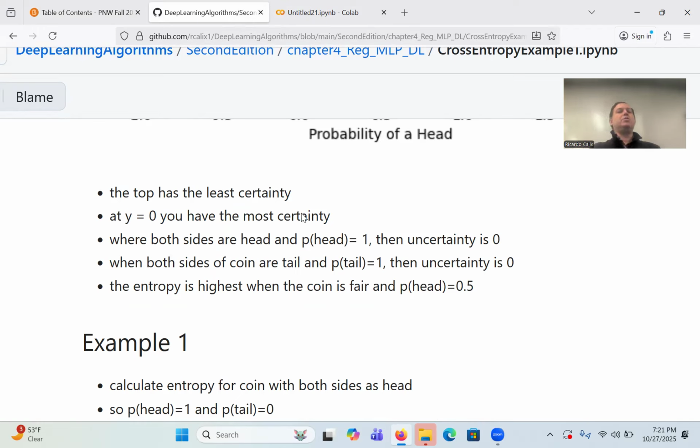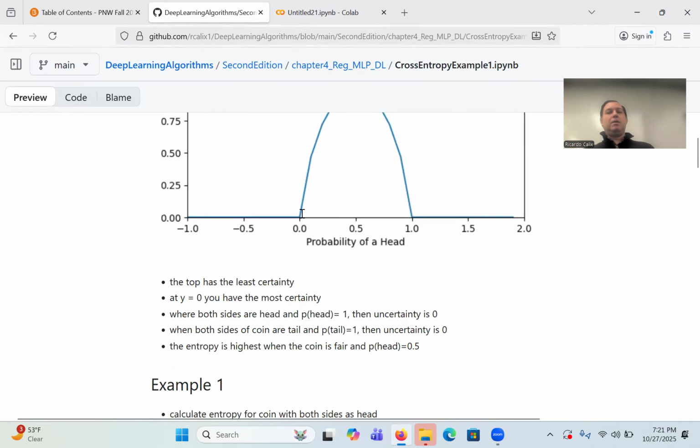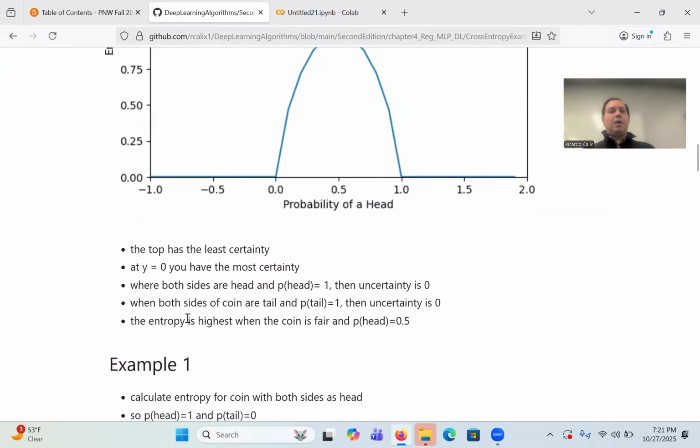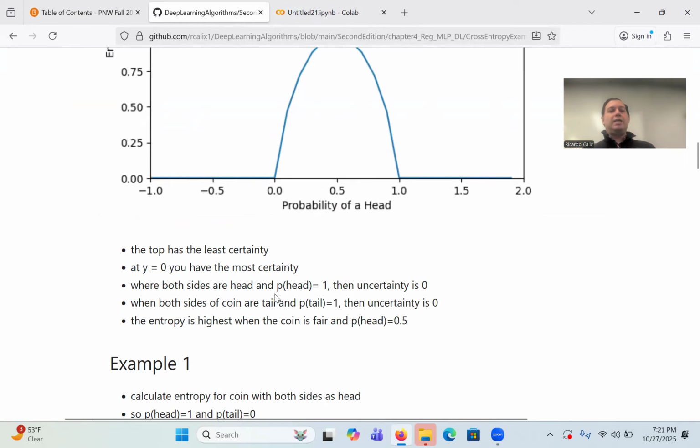At y equals 0, you have the most certainty, right? We've established in our example that where both sides are heads and p head equals 1, then uncertainty is 0, which is this case. When both sides of the coin are tails and p tail equals 1, then uncertainty is 0, which is these scenarios.